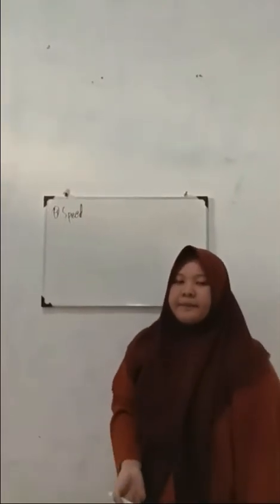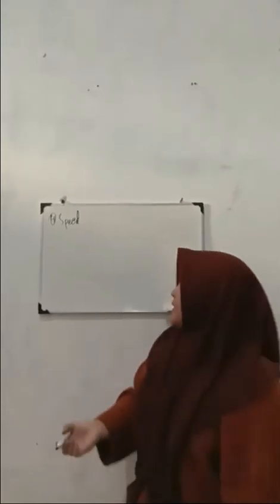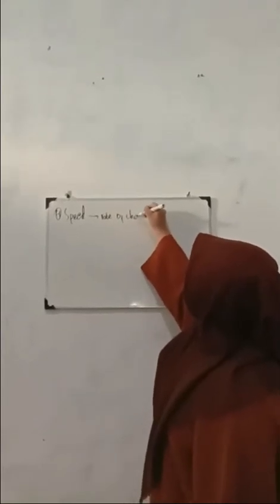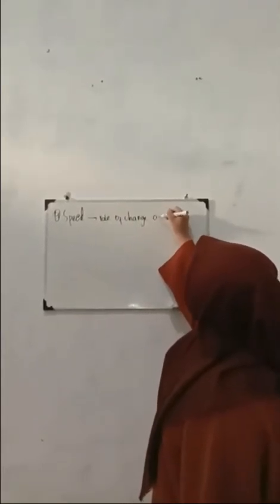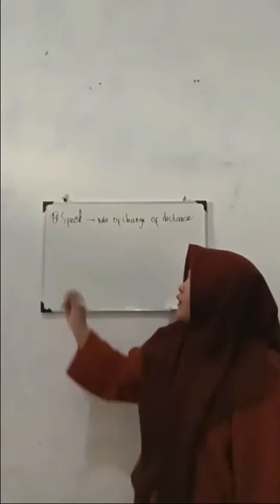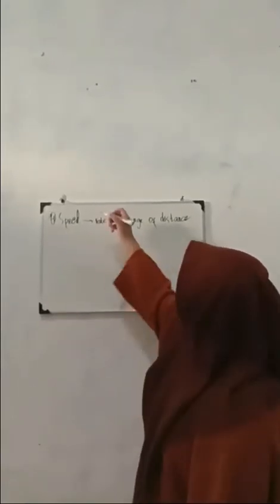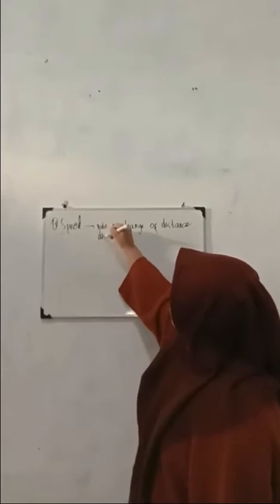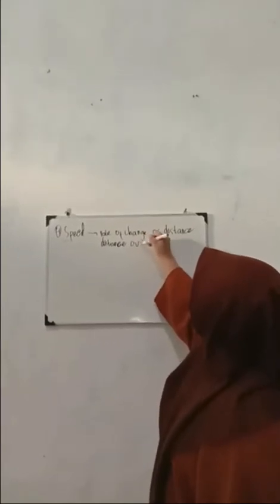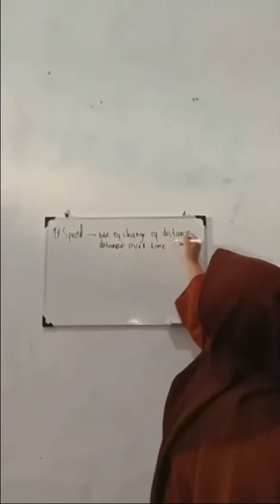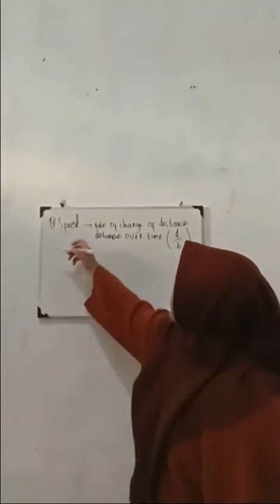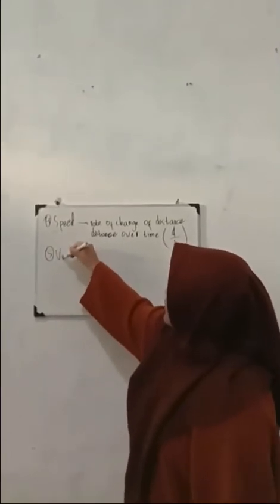Speed is the rate of change of distance. So the formula for speed is the distance over time. So next is velocity.